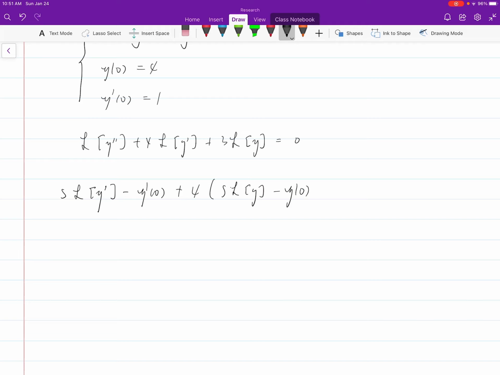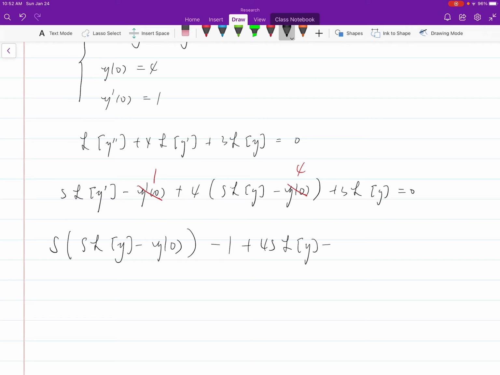SLy minus y0 plus 3Ly equals 0. You see y0, replace it by 4. You see this one, replace it by 1. Now a second: SLy minus y0 minus 1 plus 4 SLy minus 16 plus 3Ly.